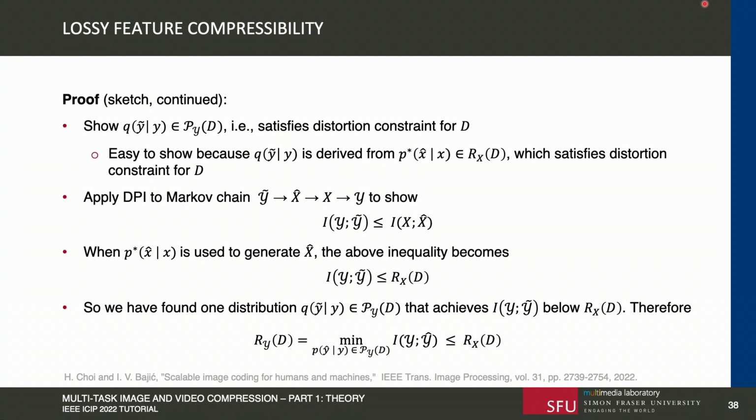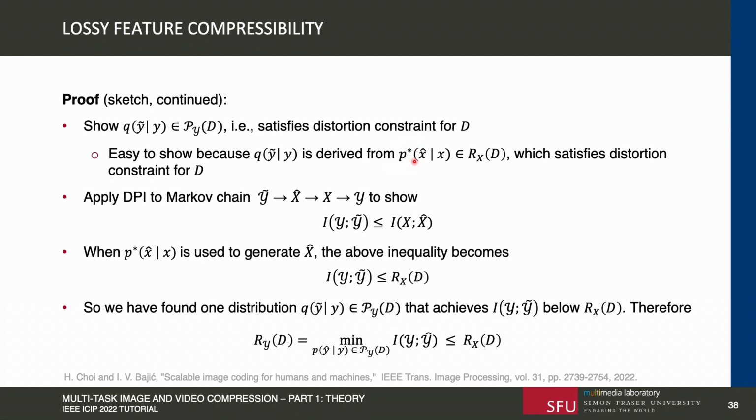Next, we showed that the induced quantizer, Q of y tilde given y, satisfies the distortion constraint for distortion level D. And that's easy to see because the induced quantizer, Q, is just an intermediate processing step in the network for the optimal quantizer P star, which was applied to the input.